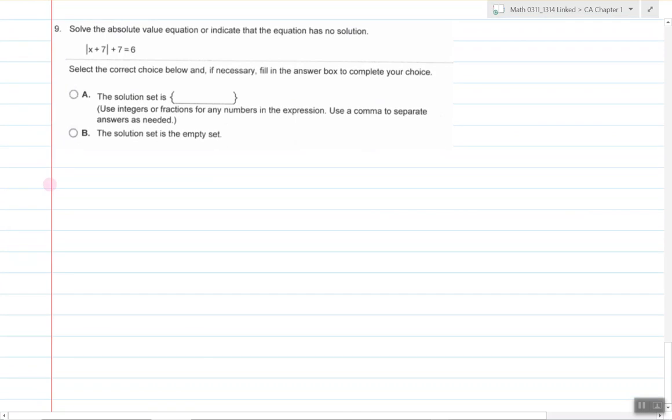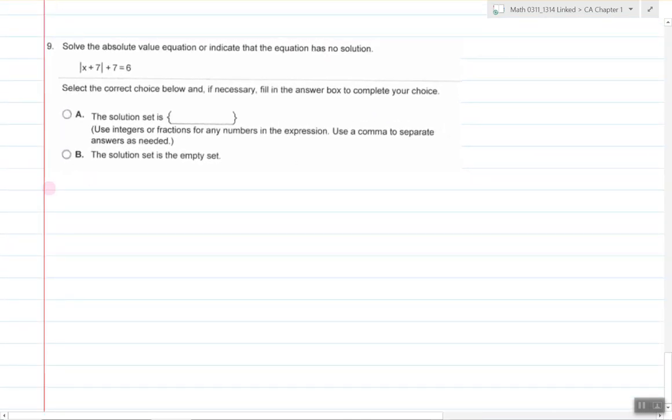All right, I think we have one more problem. And remember, this was used as a lesson to get you more comfortable with the graphing calculator. We'll be using it throughout our course. All right, I have the absolute value of x plus 7, close absolute value, plus 7 minus 6 equals 0.